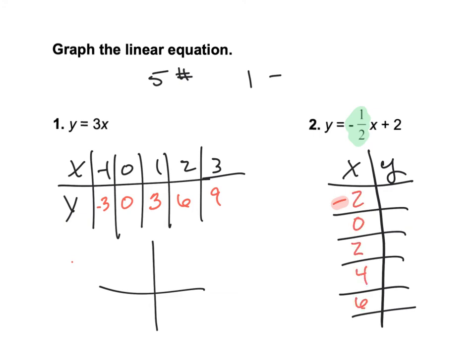That way when I take half, I'm dealing with a whole number. -1/2 of -2. Negative times a negative gives me a positive. Half of 2 is 1. Plus 2 is 3. 0 would give me 0 plus 2 is 2. A -1/2 of a +2 would be a -1. Plus 2 gives me a +1. And again, you can kind of start seeing the pattern. 0, -1, and then you would graph it.